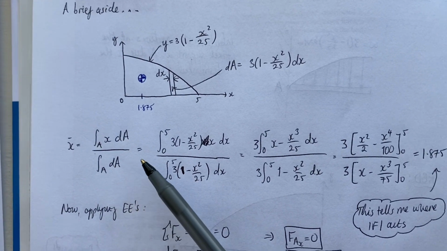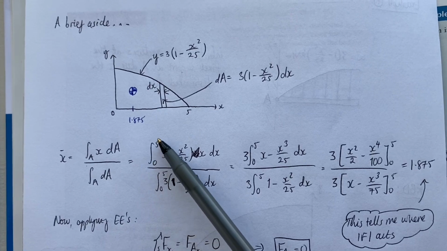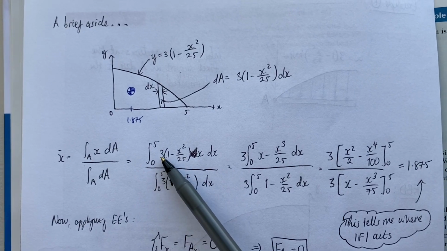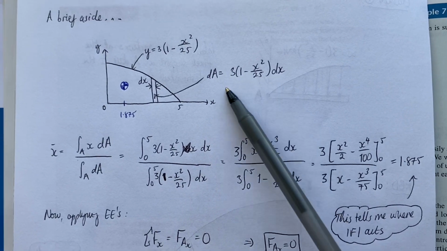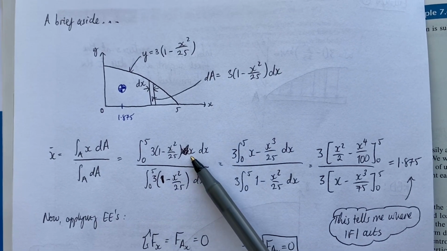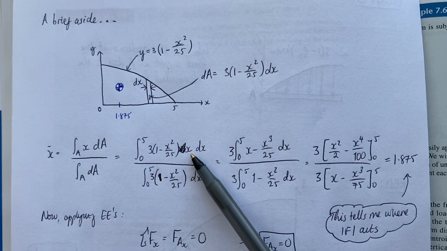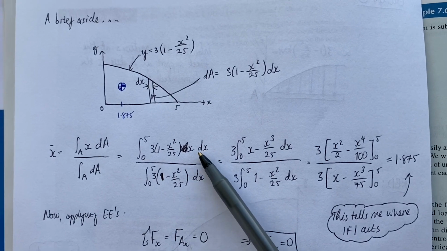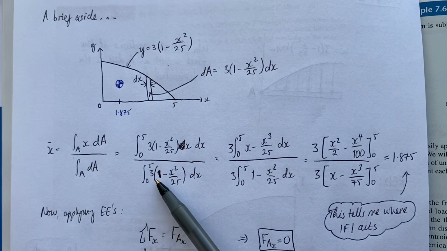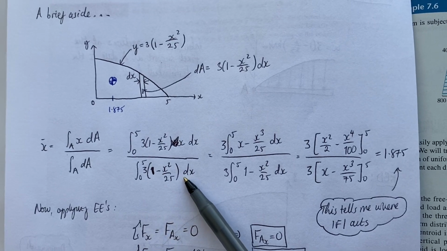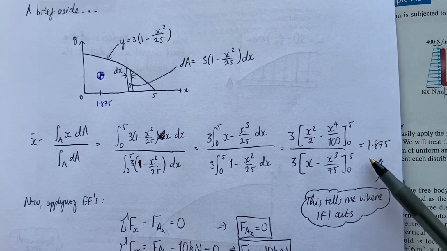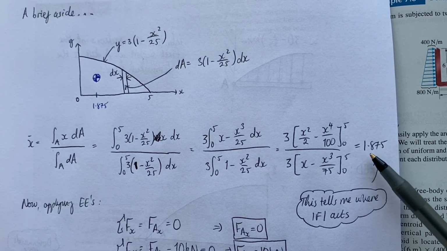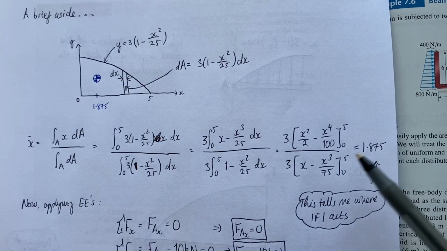I integrate across the whole length of the beam again. I take x dA, this is dA multiplied by x, integrated with respect to x, over the integral over A of dA. Work that through, and I find the x-coordinate of the centroid to be 1.875.